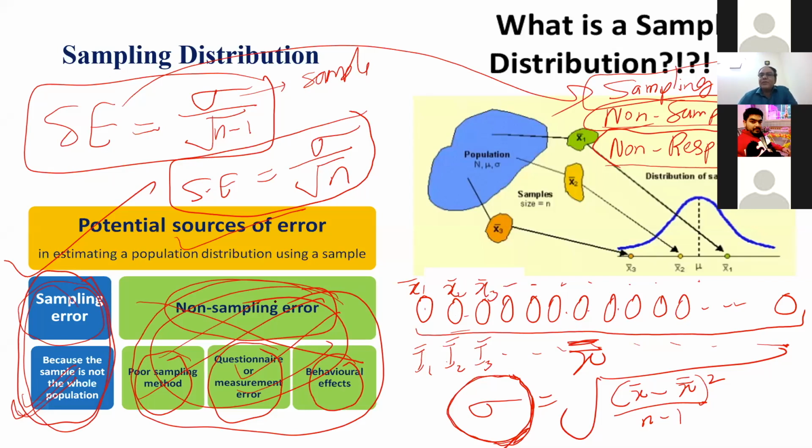So if you are very, very cautious and careful in collecting the data, you can remove most of these non-sampling errors, and the error which is only there in the data is sampling error. So I hope you understand all the error terms, all the errors which are related to the sampling, and all the errors are affecting your hypothesis testing also. So now I am going to tell you how the errors are adjusted.